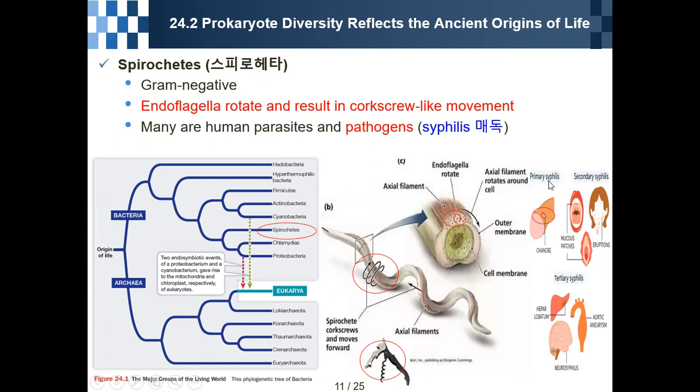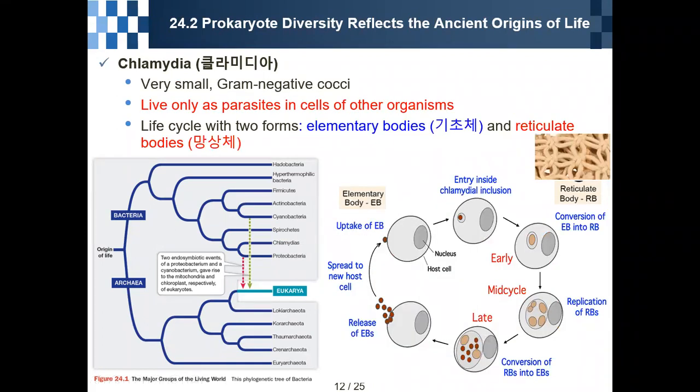The primary syphilis occurs in the man's sexual organ, and secondary and tertiary syphilis also happen. So Spirochetes make corkscrew-like movements, and they are pathogens that cause syphilis, a sexually transmitted disease. Okay, syphilis. Another one is chlamydia.